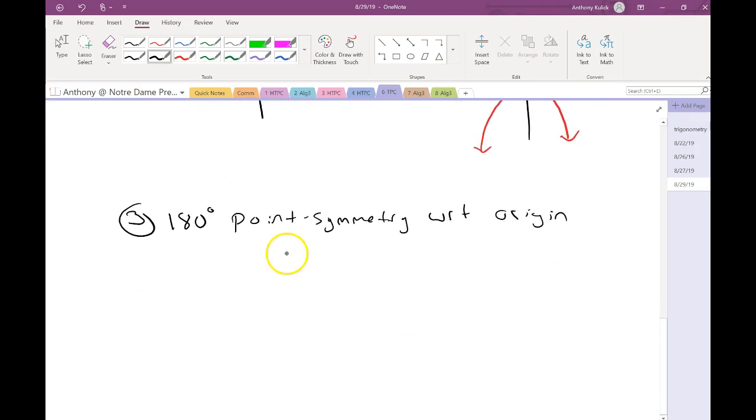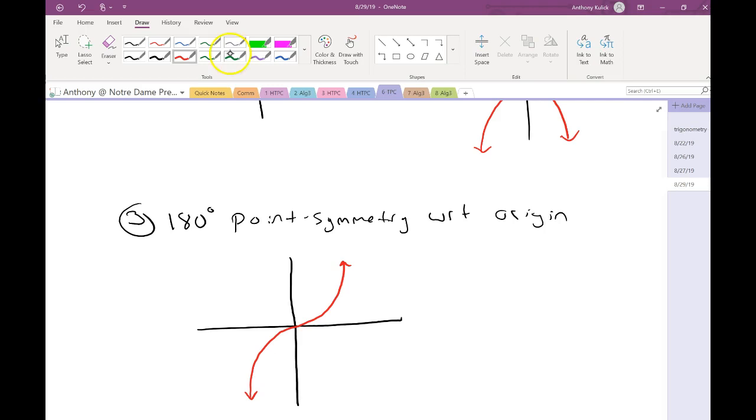I get that that's kind of a mouthful of a name. The idea, though, is not so hard. So this is an example of something that has 180 degree point symmetry with respect to the origin.